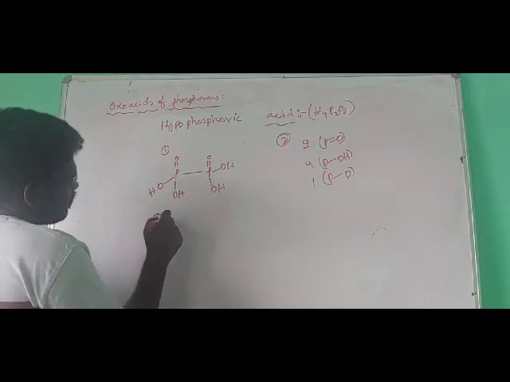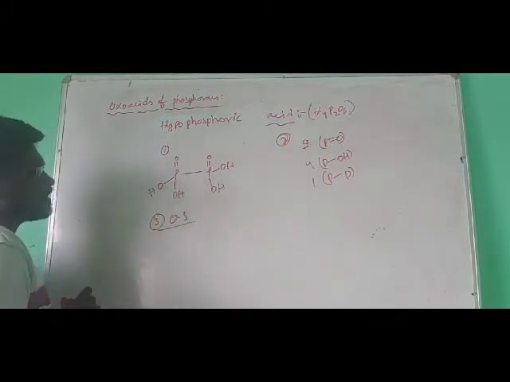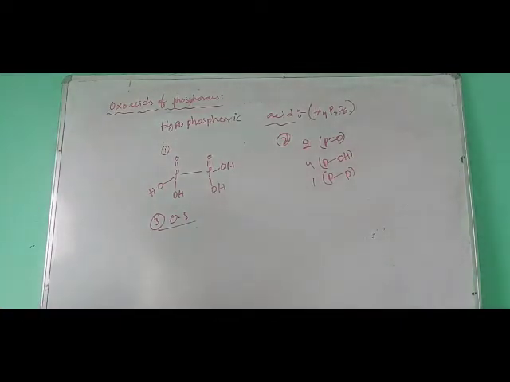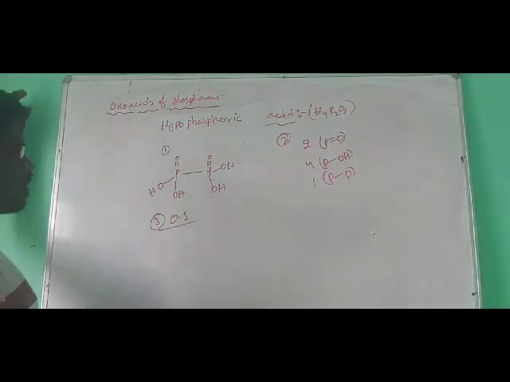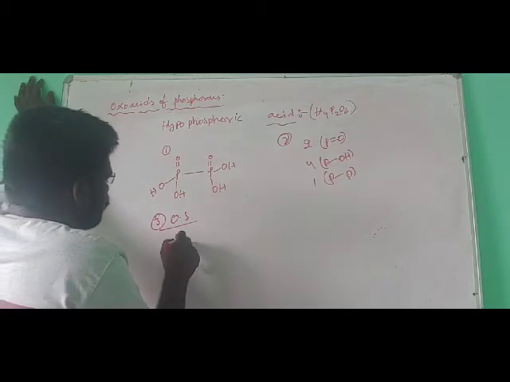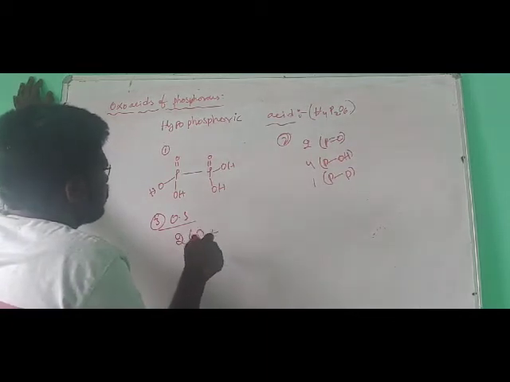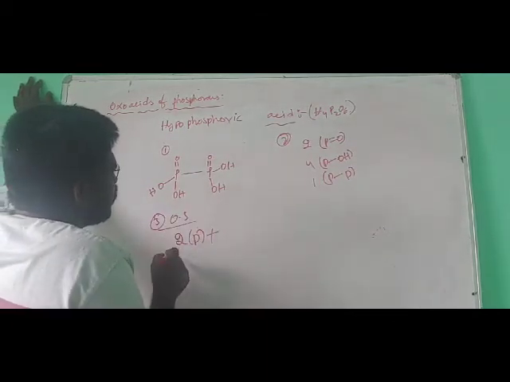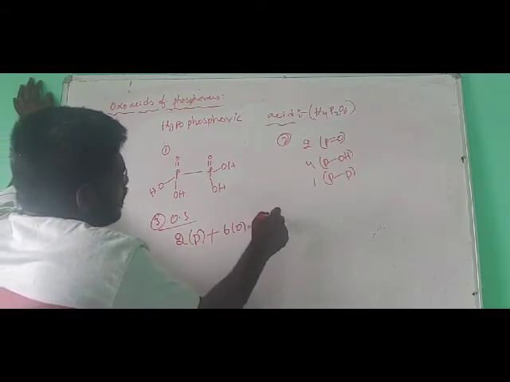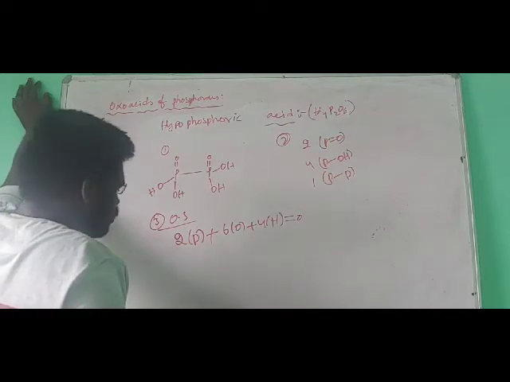And the next one, what about the oxidation state? So third one, oxidation state on each phosphorus in this molecule we have to find. Okay, so now, we have 2 phosphorus atoms plus how many oxygens are there here? 6 oxygens plus 4 hydrogens present equal to 0.